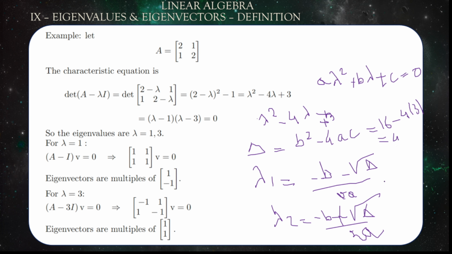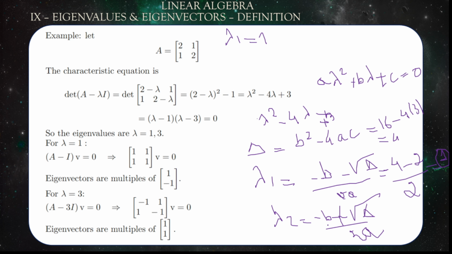So lambda 1 is equal to minus b, or minus 4, minus the square root of delta, which is 2, divided by 2a, a being 1, so 2 times 1, which is 2. 2 divided by 2 is equal to 1, so lambda 1 is 1.